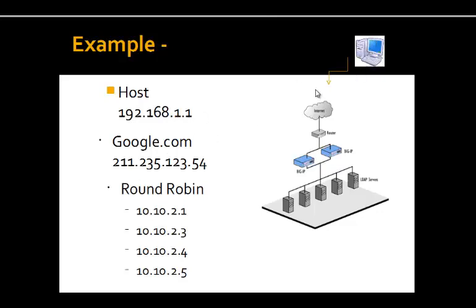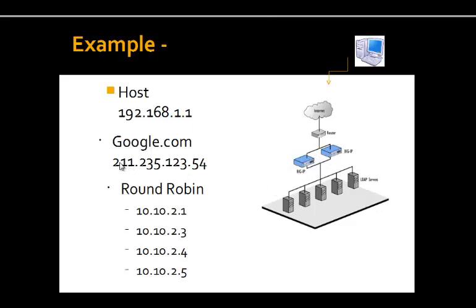They traverse the internet, hit their public service provider allocated a public IP, 68 dot something as an example. They then come to google.com. They hit google.com's router. They're trying to reach google.com, so the router forwards them to IP address 211.235.123.54 on their BIG-IPs.